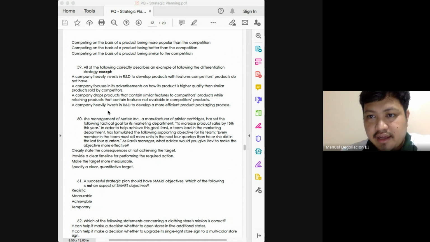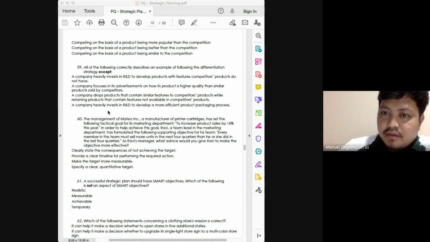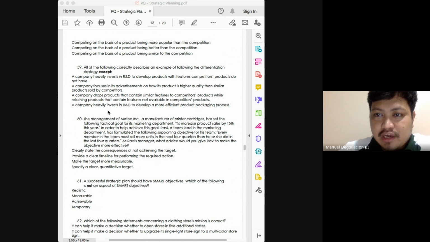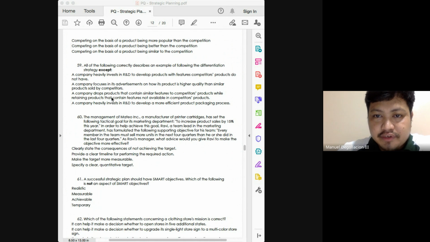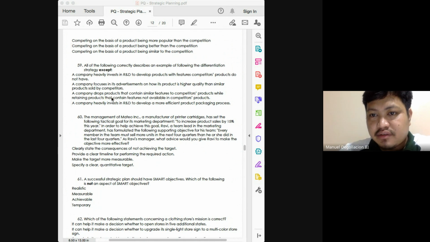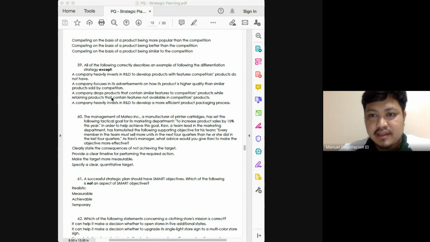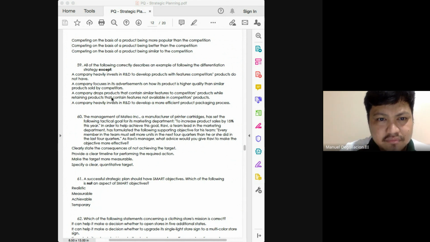Again, you're highlighting a difference in quality, so this is still a differentiation strategy. Third option, a company drops products that contain similar features to competitors' products while retaining products that contain features not available in competitors' products. So this would still be differentiation.